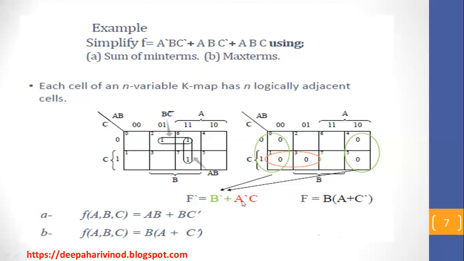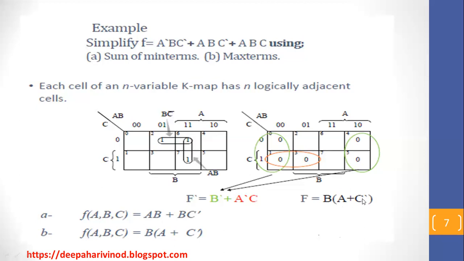So F bar equals B bar plus A bar C. Or else I can write in terms of POS. In case of POS, I should be using product instead of plus, so it will be multiplication, a dot.